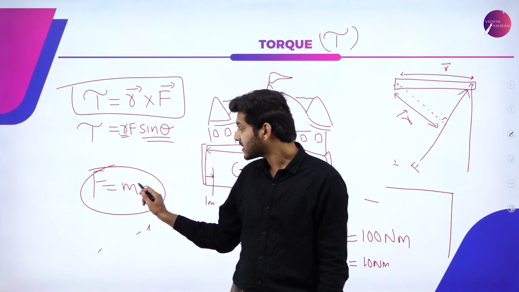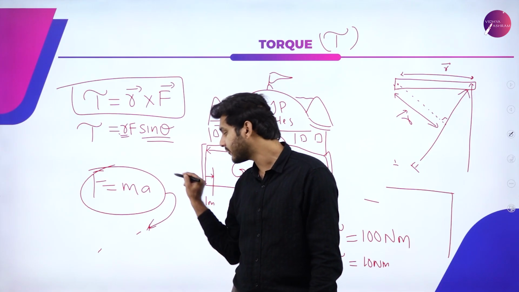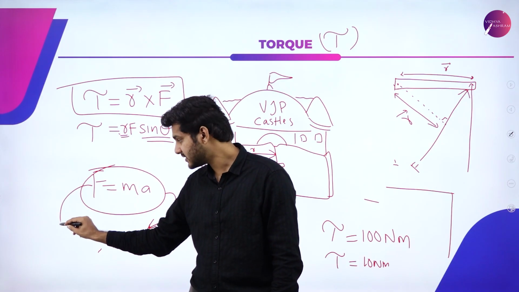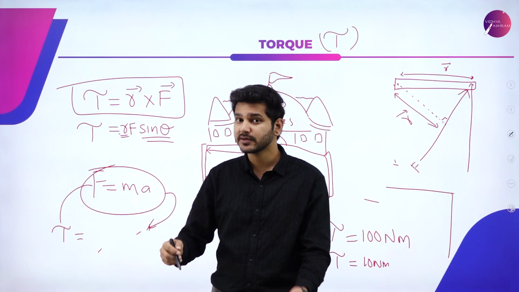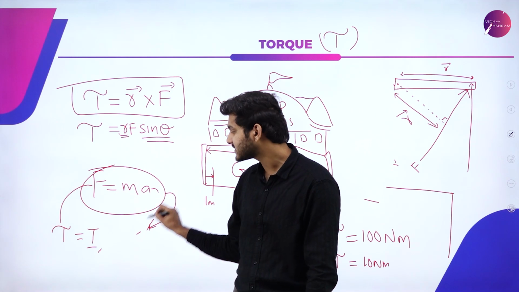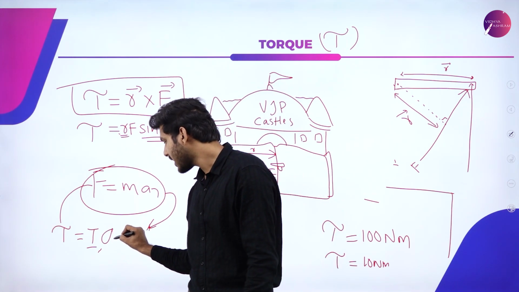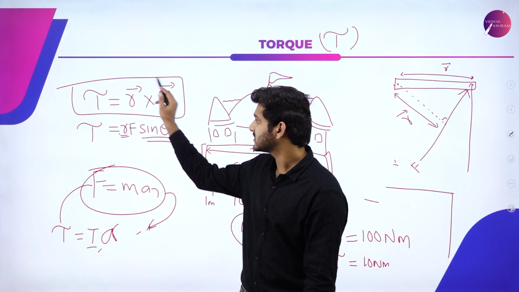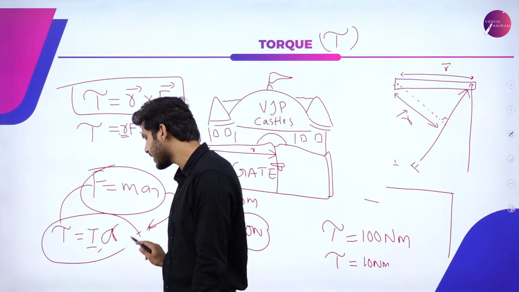If I convert this into rotational mechanics, the analogous of force is tau. Analogous of mass, as we learned in the previous class, is moment of inertia I. And analogous of acceleration is angular acceleration, indicated by alpha. So tau is equal to I alpha.